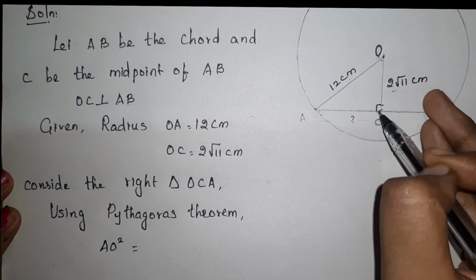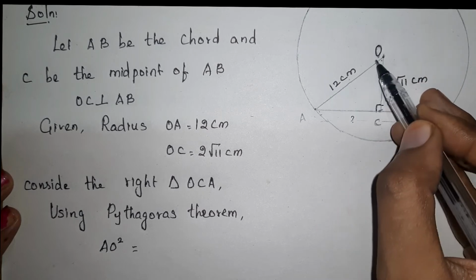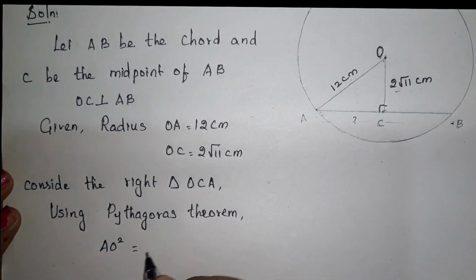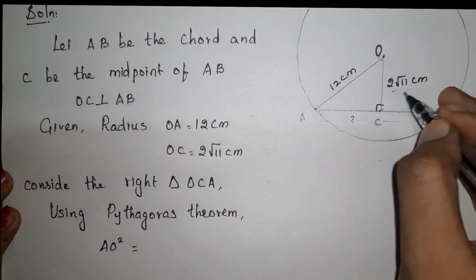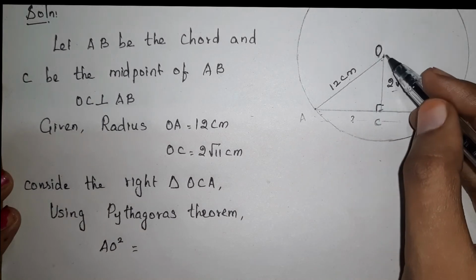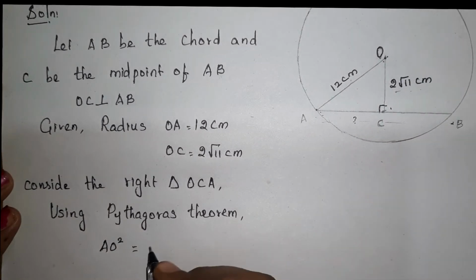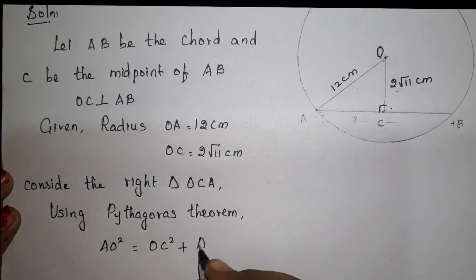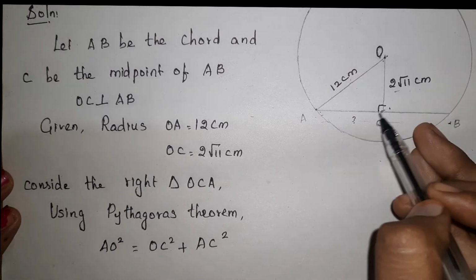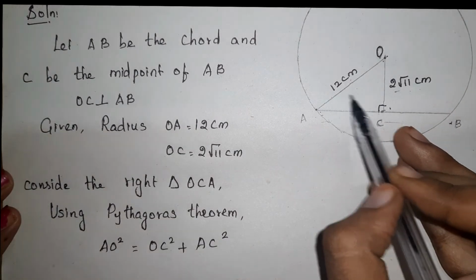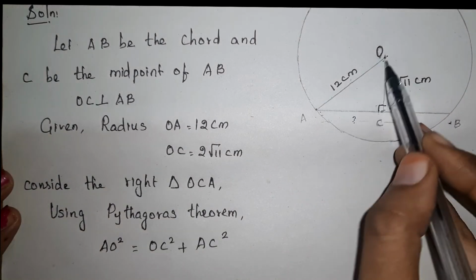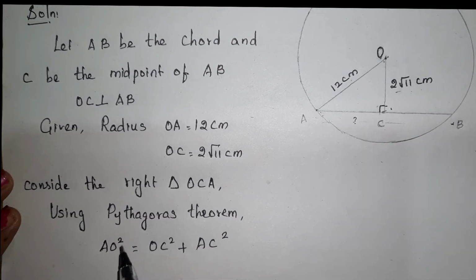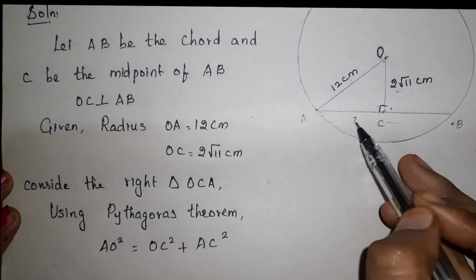This square is equal to the sum of the squares of the remaining two sides. OA is one side, so OA square plus another side, AC square. Okay, this is the Pythagoras theorem: the lengthy side square is equal to the sum of the squares of the remaining two sides.